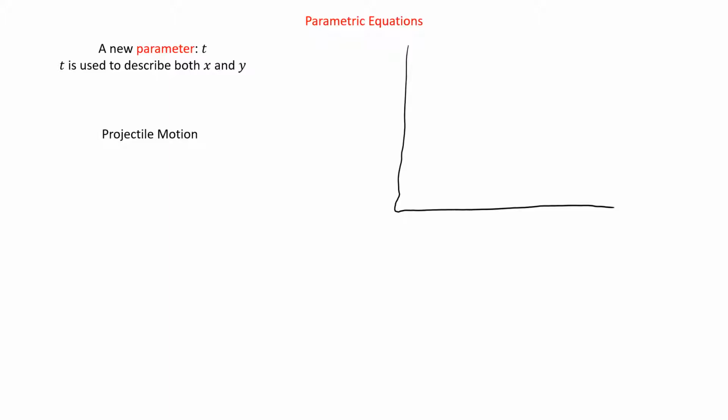So we're starting at the origin, and it goes up, and then it comes back down again, where the y value is going to be the height, and the x value is going to be the distance the ball travels along the horizontal. So we'll just call that distance. But those could easily be just x and y. And you can define both of these by the third variable, t, for time.